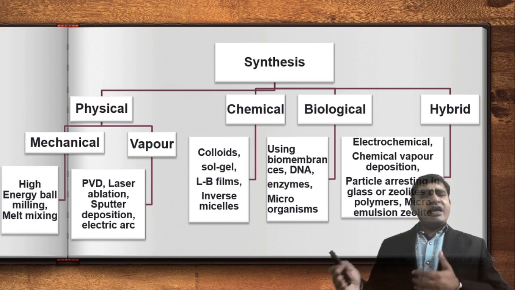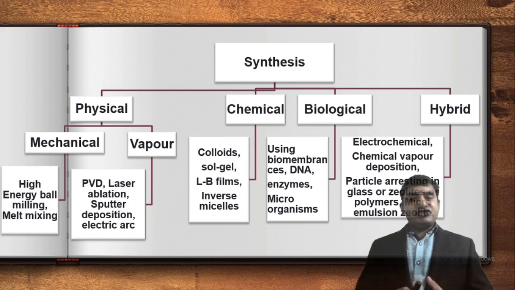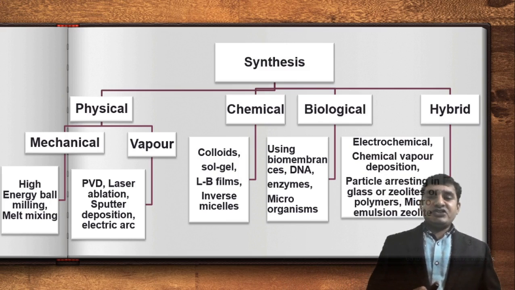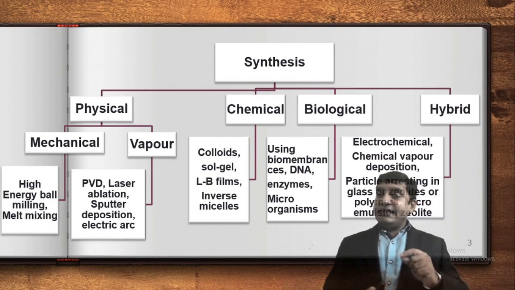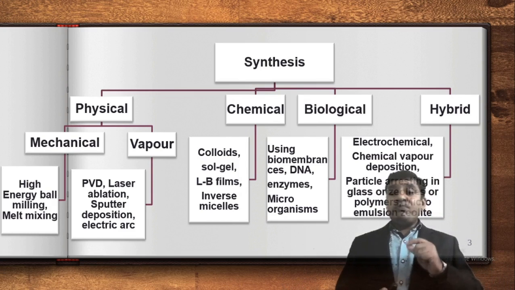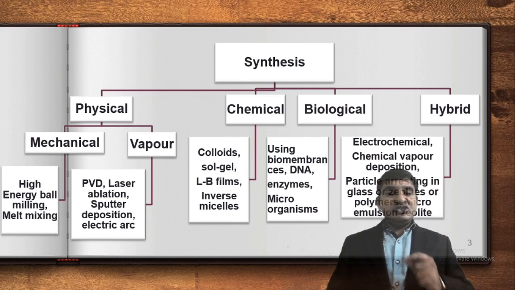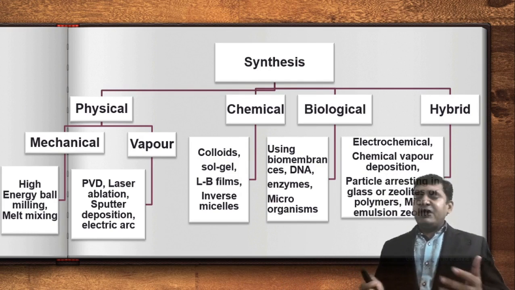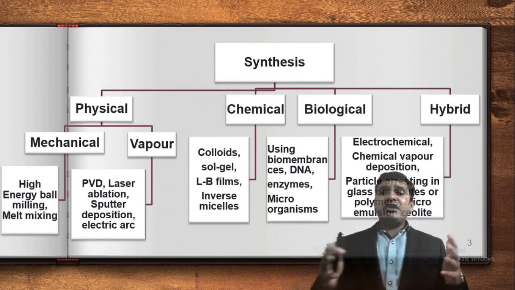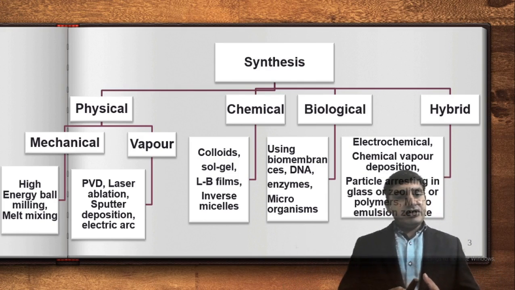And there are also hybrid techniques, in which there are electrochemical deposition, chemical vapor deposition, particle arresting in glass, zeolites or polymer, microemulsions. These are the hybrid methods. There is also the hydrothermal synthesis method, which is also a hybrid method.